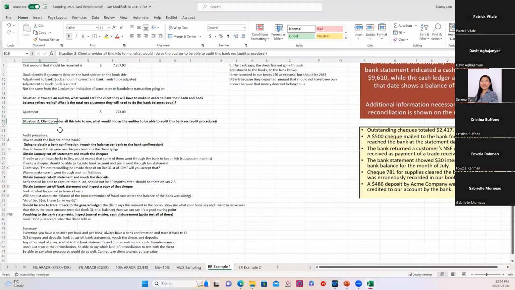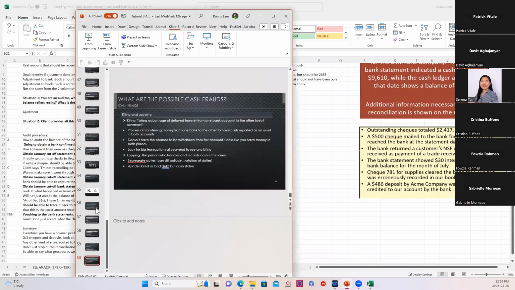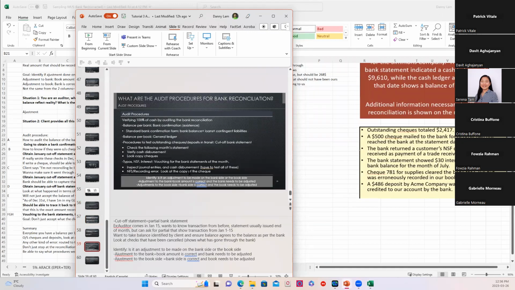Okay, so just this part, the audit procedures here, it ties back to the PowerPoints, let me bring it out. Okay, here it is. I would still learn this for your quiz. You never know, but for your final, definitely know this. But for your quiz, just know it for now.